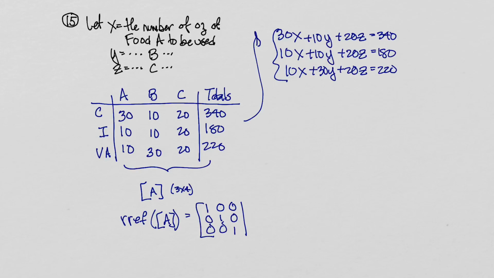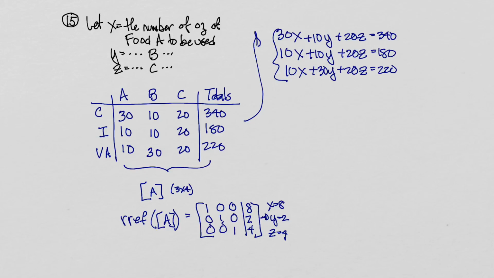And then reading those constants, I got 8, 2, and 4. So this tells us that x equals 8, y is equal to 2, z equals 4. But of course, we're not going to report our answer like this.